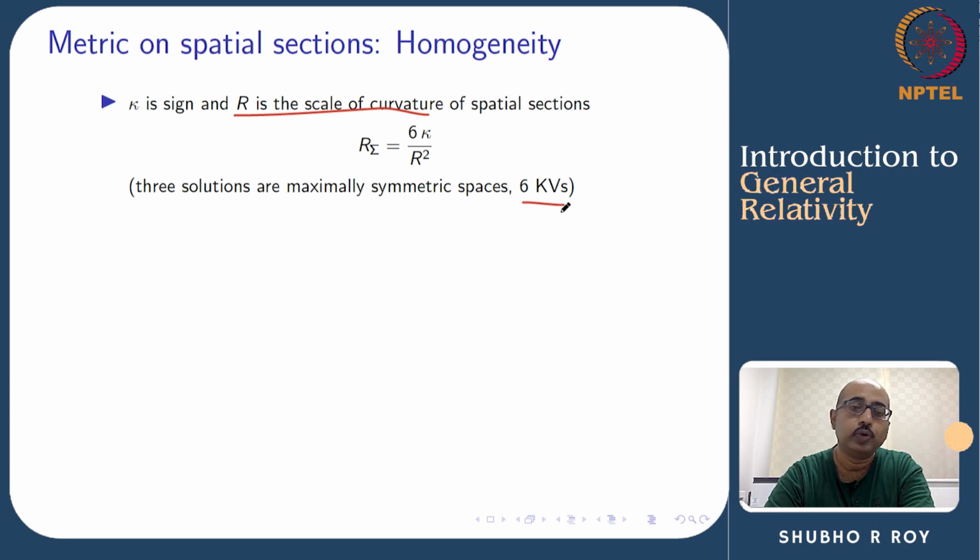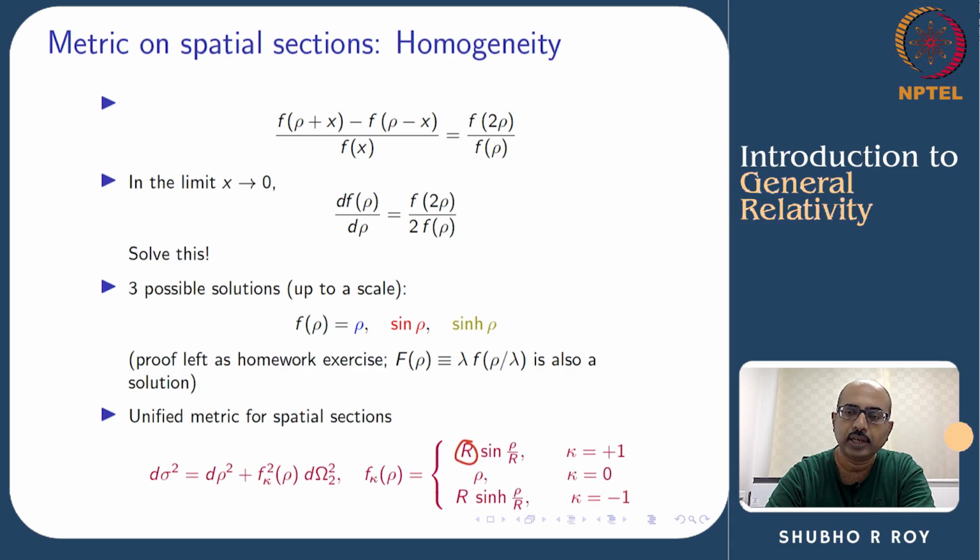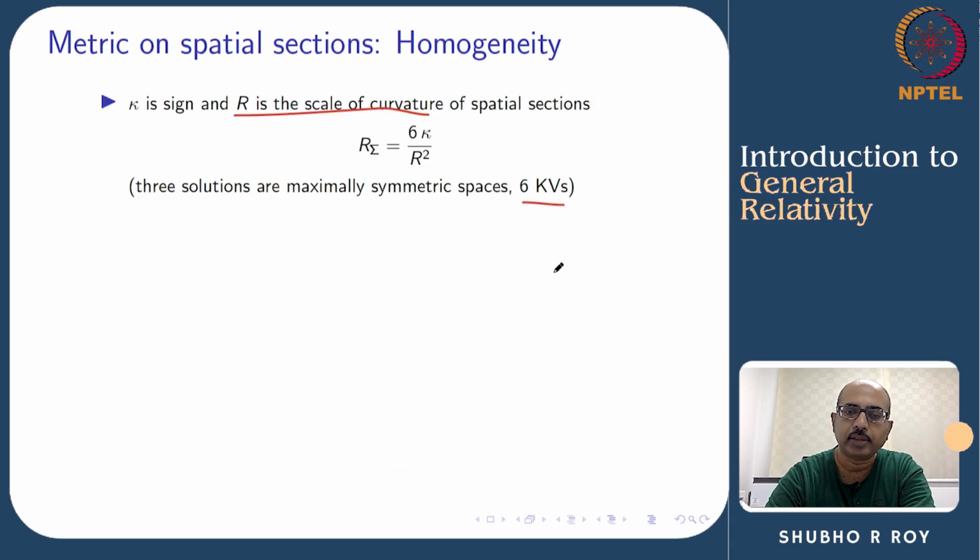Although we did not give a proof at that time, the proof can be obtained by following through this exercise. You can show that there are only 3 solutions up to a scale, and that completes the proof that the maximally symmetric spaces are the sphere, the hyperbolic space, and the 3-dimensional Euclidean hyperplane.